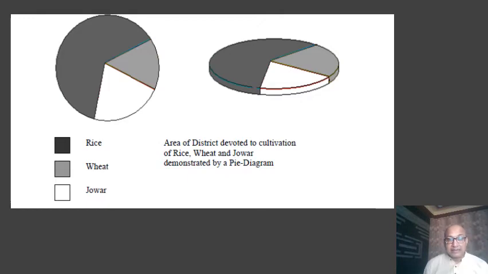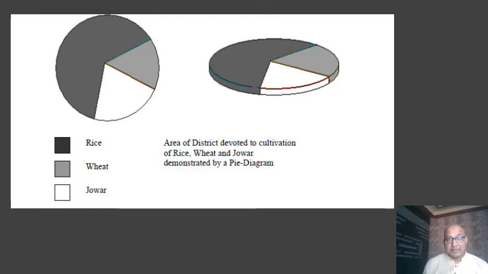Dark shade is for rice, light shade is wheat, and white shade is jowar. Area of district devoted to cultivation of rice, wheat, and jowar. So either one you can use as a pie chart.